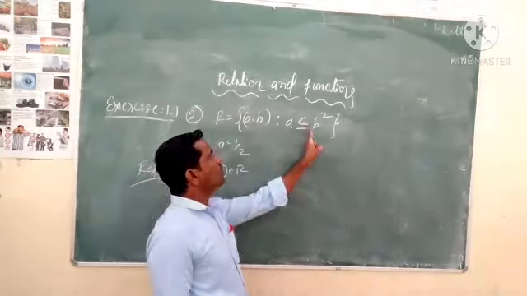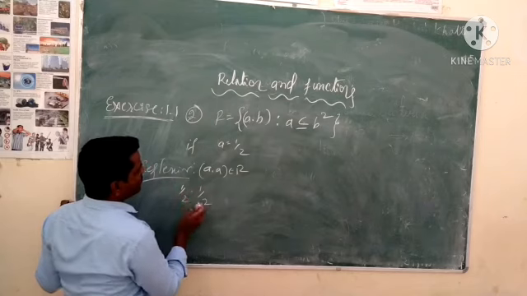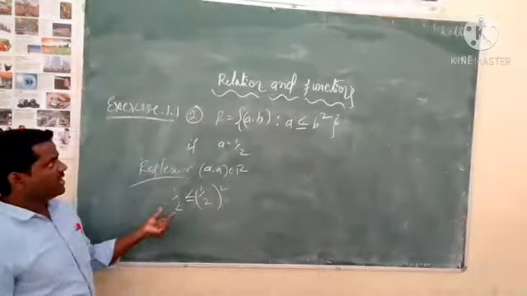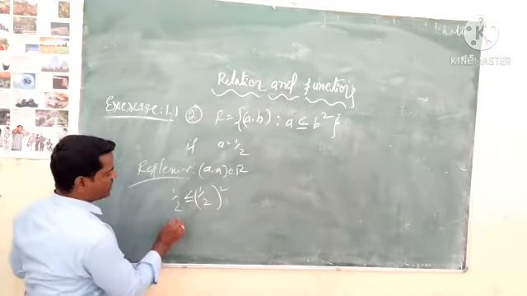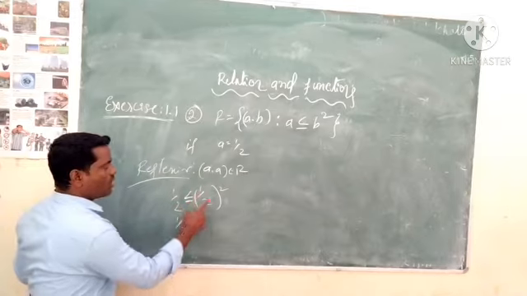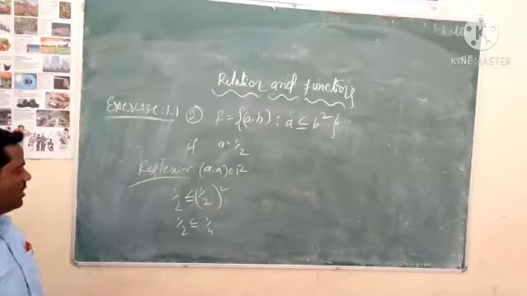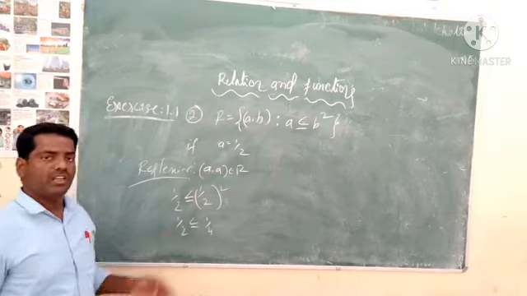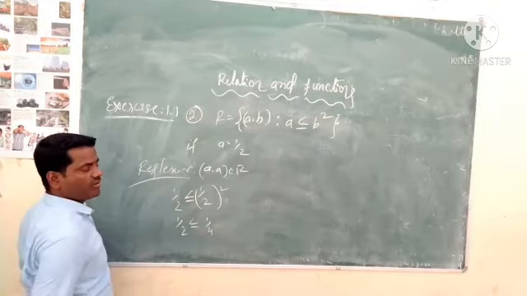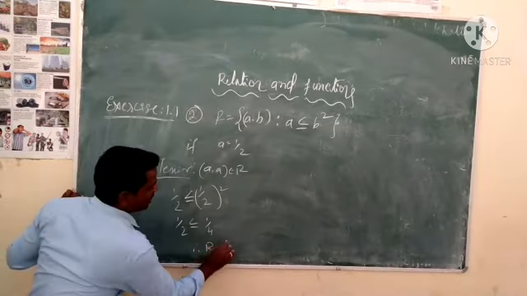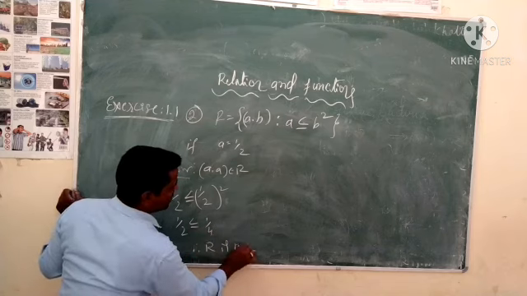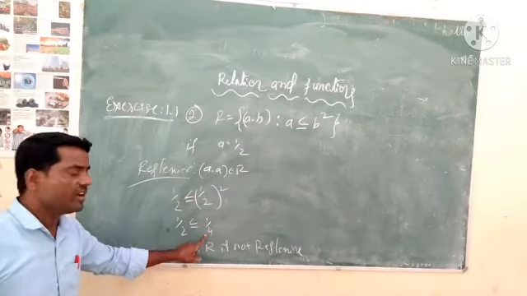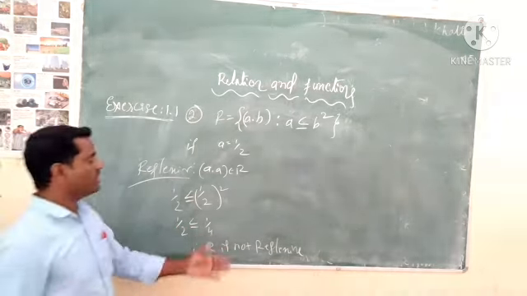Here a is less than or equal to b squared, that means 1/2 is less than or equal to (1/2) squared, which is 1/4. Now 1/4 is claimed by the relation to be greater than 1/2, but in reality 1/2 is greater than 1/4. Therefore R is not reflexive, because the relation says 1/4 is bigger, but 1/2 is bigger than 1/4.